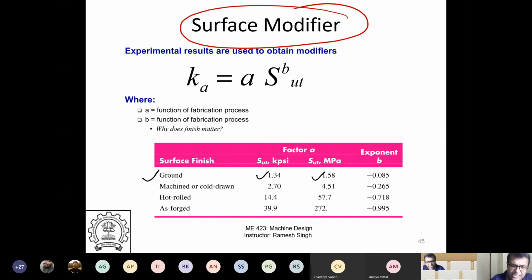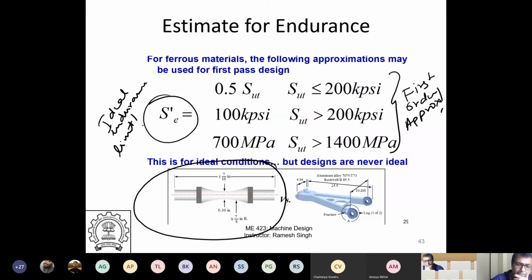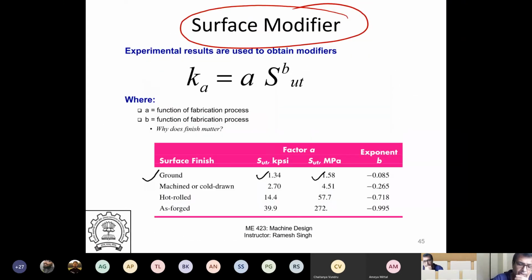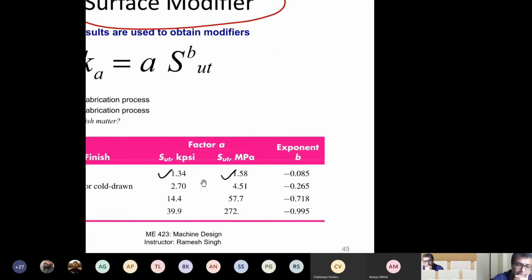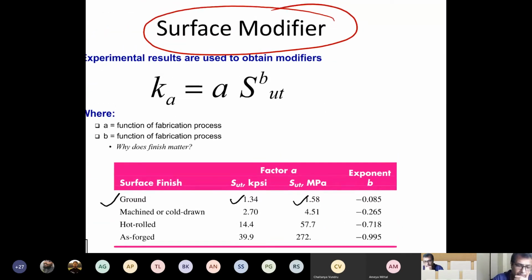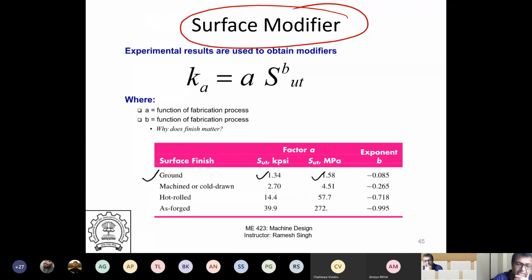What is it in this case? What kind of factor do I have to use? Ka is equal to a SUT raised to b. It's a machined part, right?